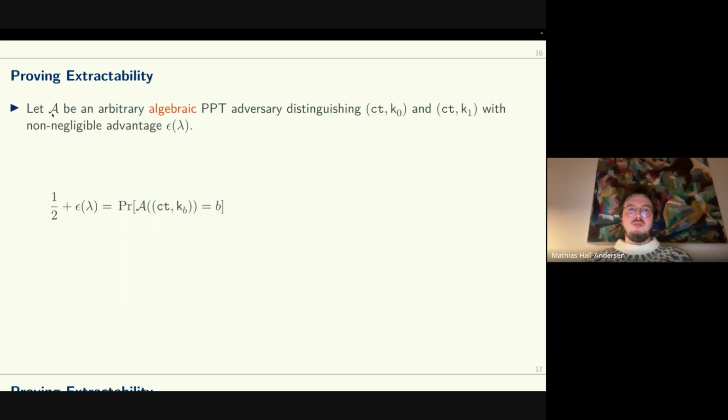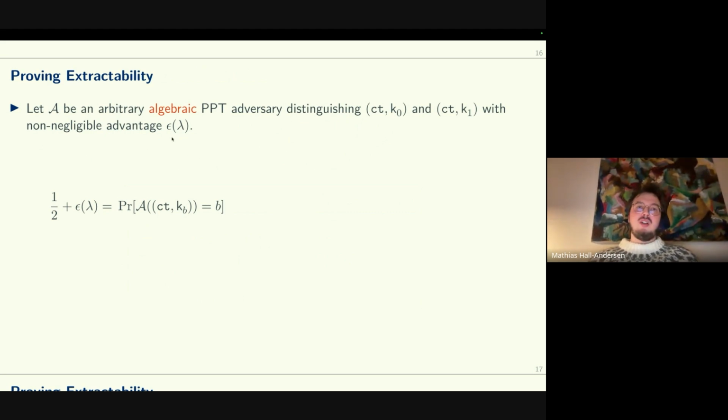So we're going to limit ourselves to algebraic adversaries: algebraic polynomial time adversaries with access to this random oracle H. Suppose he has some non-negligible advantage, epsilon of lambda, which means the probability that he outputs the correct bit is strictly better than 1/2 by some non-negligible advantage. Either the bit is 0, in which case K0 is the encapsulation of the ciphertext, or the bit is 1 and K1 is just a uniformly random bit string. That's the assumption, so we start by assuming that there is an adversary.